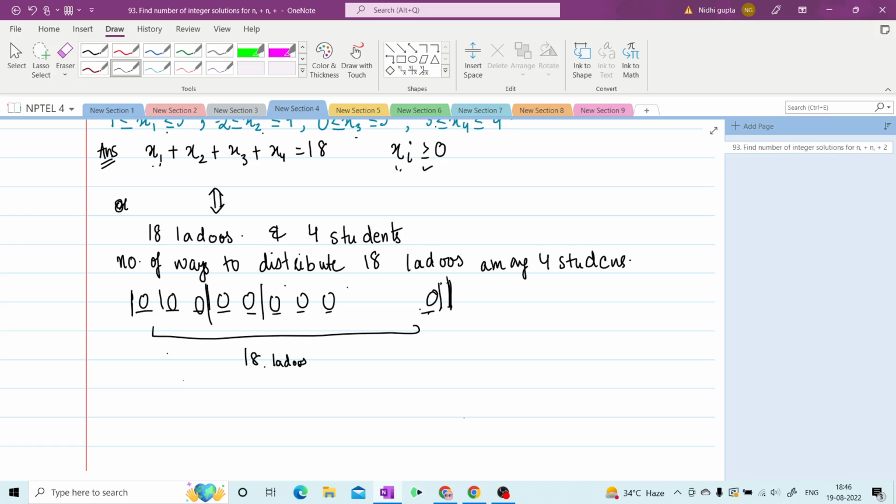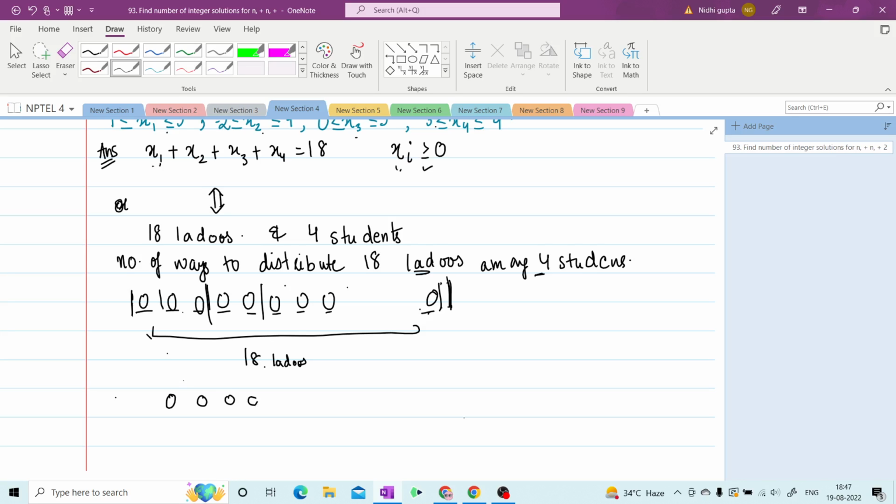So what are the number of ways to distribute these 18 laddus among 4 students? Maybe 4, 4, 4, 6. Yeah, that is one possibility. So suppose, let's do a small case. Suppose we have 5 laddus.